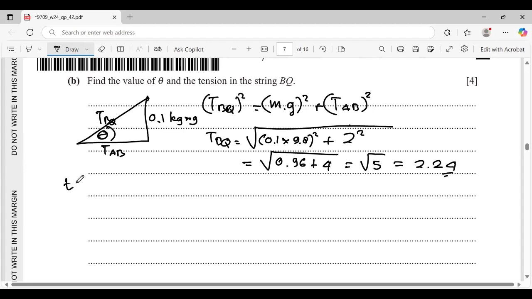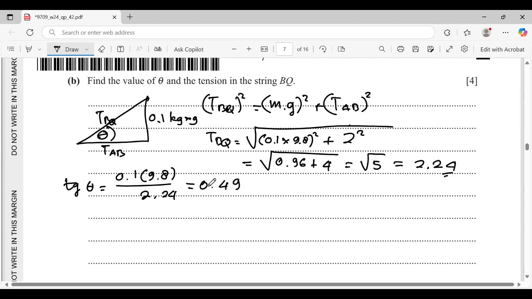So theta, tangent theta is 0.1 times 9.8 over tension BQ, based on this 2.24, tension BQ. Okay, you got 2.24. And if you calculate this is 0.49.